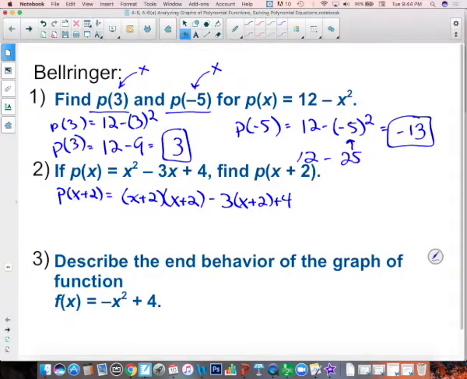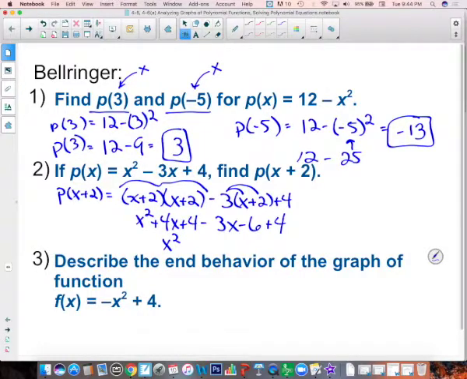So foiling this stuff out right here gives you x squared plus 4x plus 4. And then here's distributive property. So -3x minus 6 plus 4. Now I just got to combine like terms. Okay? So we only have that single x squared out front.